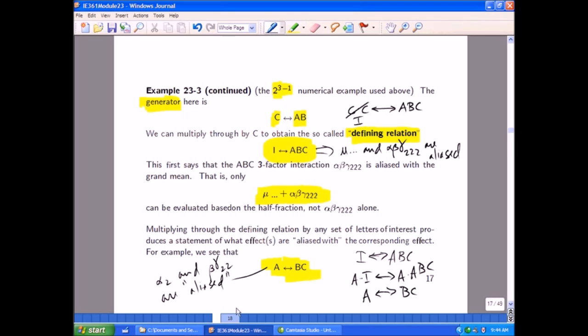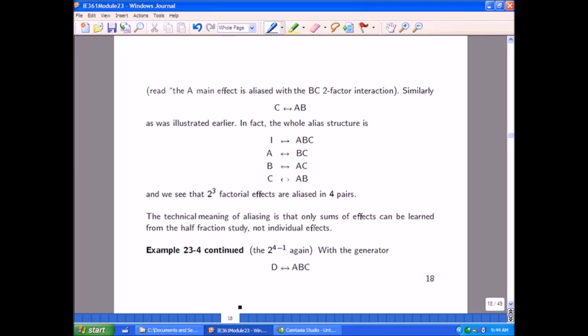And then, so the A main effect is aliased with the BC two-factor interaction. You do the same kind of multiplication. The C main effect is aliased with the AB two-factor interaction, and the whole pattern of ambiguity or confounding or aliasing for this half fraction is that set of four relationships that I've just got written down here for you.